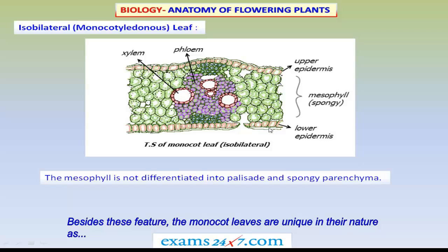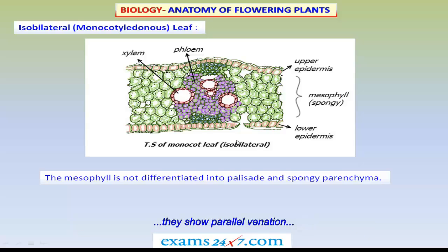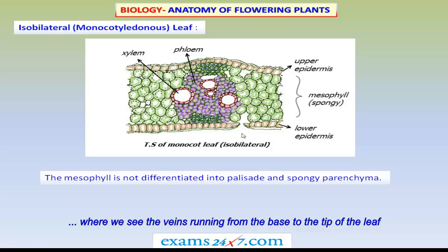Besides this feature, the monocot leaves are unique as they show parallel venation, where we see the veins running from the base to the tip of the leaf.